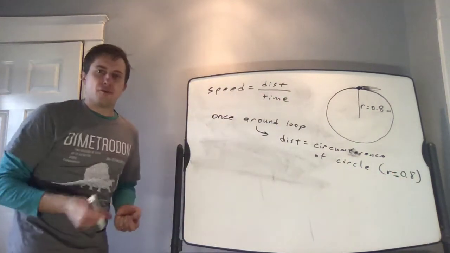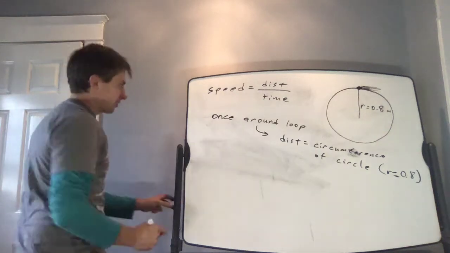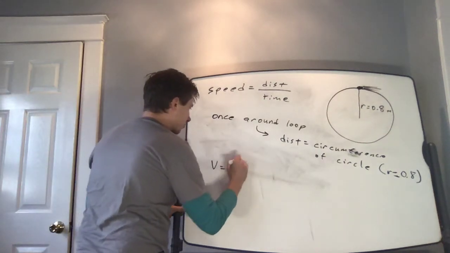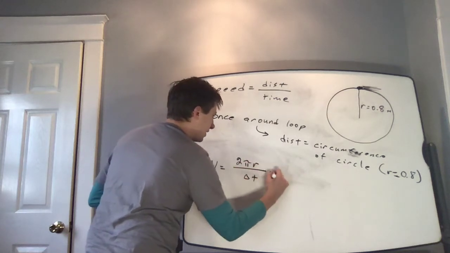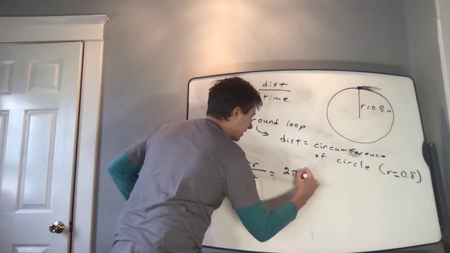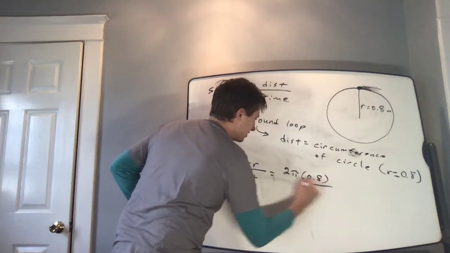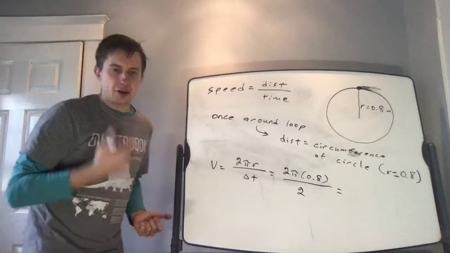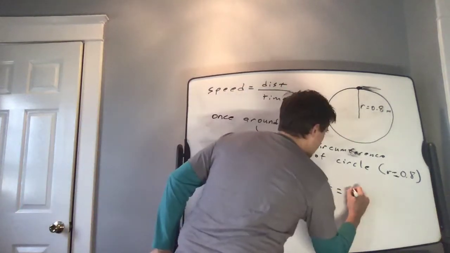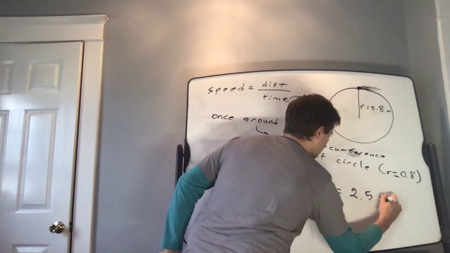And the time of travel once around the loop is 2 seconds. So I could say the speed is going to be 2 pi r over delta t. So I get 2 pi times 0.8 divided by 2 seconds. And when I put those numbers in a calculator, I get the speed as 2.5 meters per second.